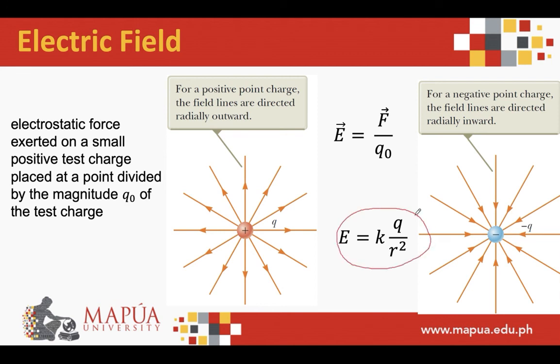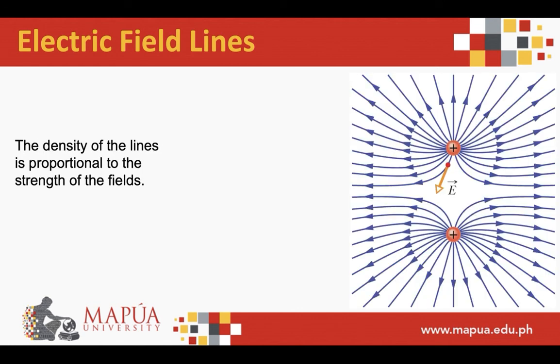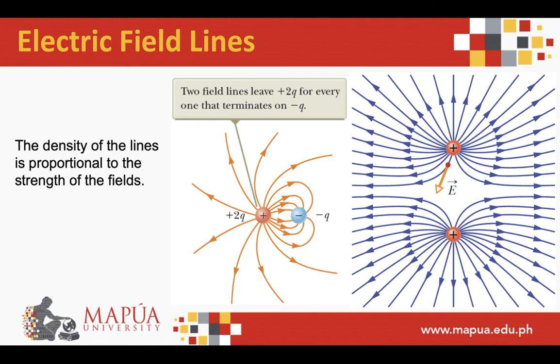The electric field is given by this formula, directly proportional to the charge of the particle and inversely proportional to the square of the distance r. The density of the lines is proportional to the strength of the field.